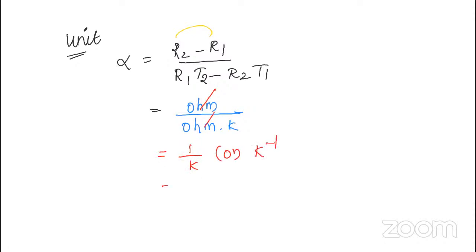We can also write it as 1 by C degree or per degree Celsius. We can mention the units for alpha like this too. So the unit of alpha is K inverse or per degree centigrade. This is the unit of alpha.